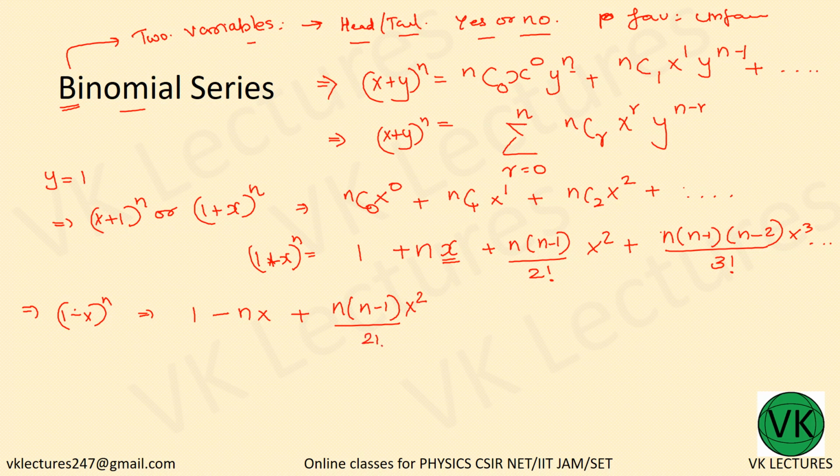Again now you have a minus term because x cube will give you minus, so n into n minus 1 into n minus 2 x to the power 3 by 3 factorial. So this is 1 minus nx, but usually you stop at 1 minus nx and you remove all these terms because these are negligible terms which contribute very little. Look at the order, it will contribute less.